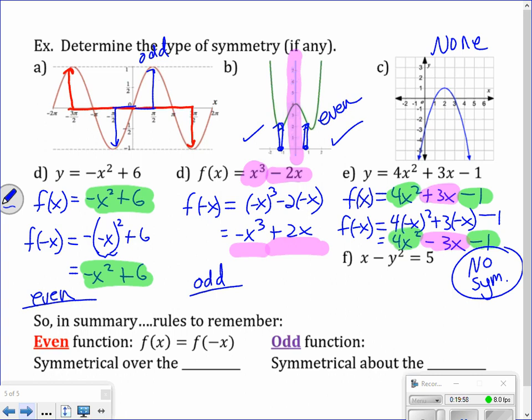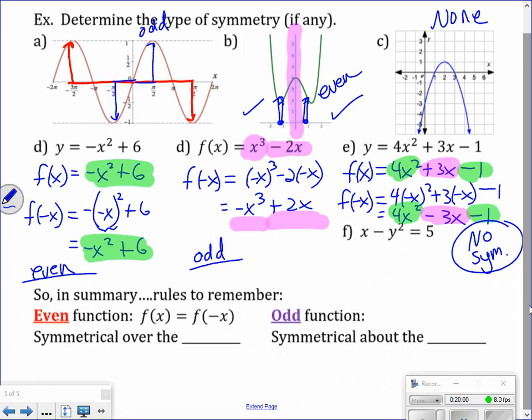All right, and this last one right here, x minus y squared equals 5. In this problem, y is being squared, so you want to replace the y with a negative y. If I replace this y with a negative y, what would happen? I would have x minus, this negative would go away, y squared equals 5.